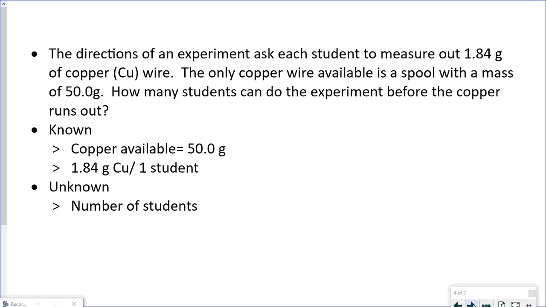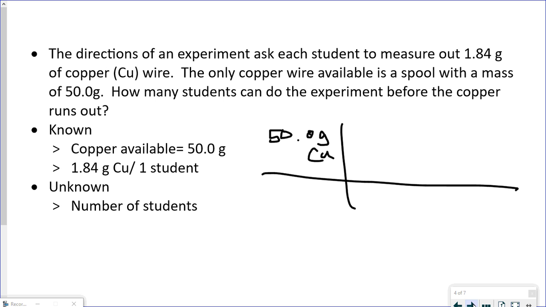So we know how much copper we have, and we want to know how many students can do the experiment. So always start with what you know. We know we have 50 grams of copper. And we know that each student needs 1.84 grams.